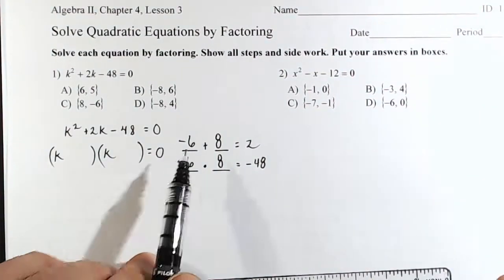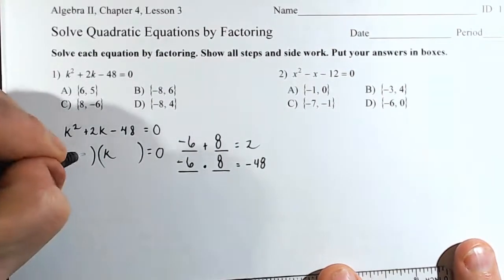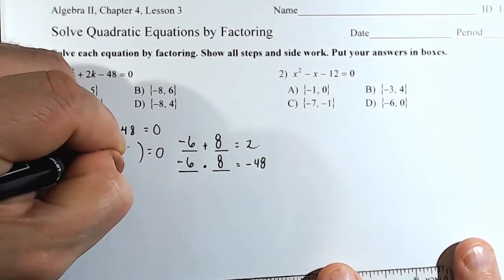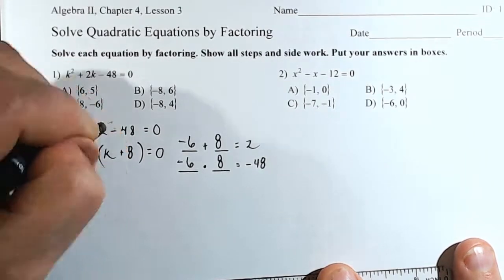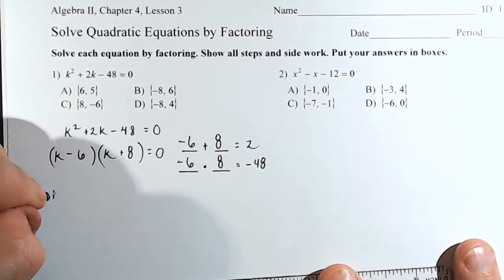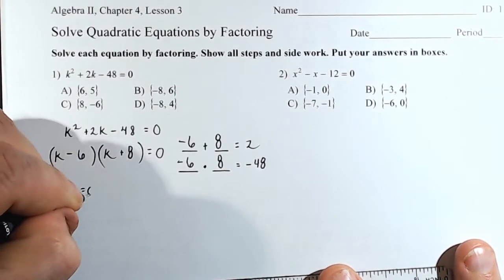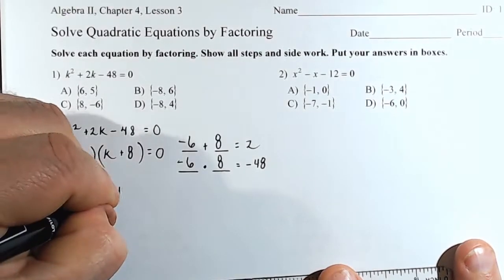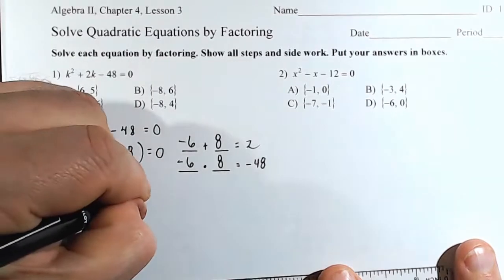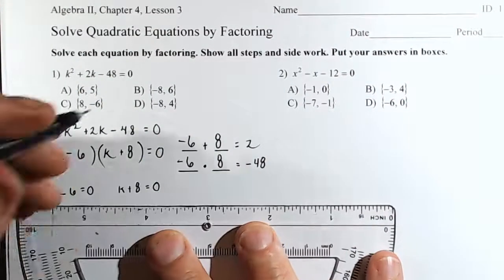So I'm just going to take these little pieces here and put them here: k minus 6 and k plus 8. Now, we set each of our factors equal to 0. k minus 6 equals 0, k plus 8 equals 0. And now I will solve for k.